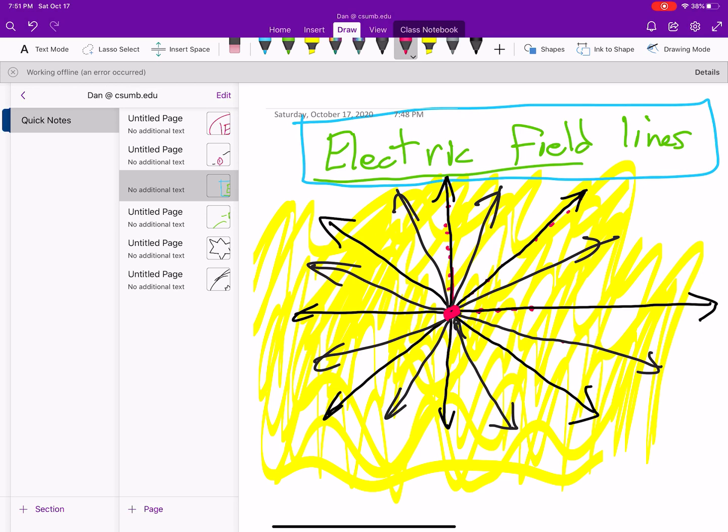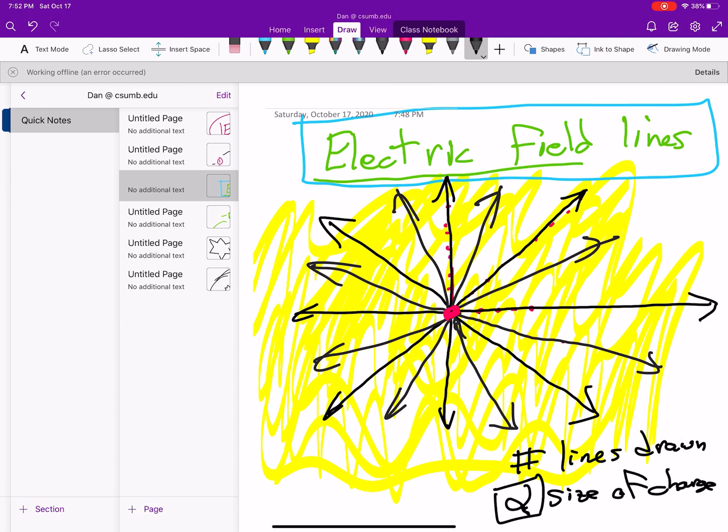And the number of lines that we draw, we usually attribute that to the size of the charge. So the bigger the charge, the more lines we'll draw. I'll say it's proportional to the size of the charge. This is the proportionality constant right here. What do I mean by that?